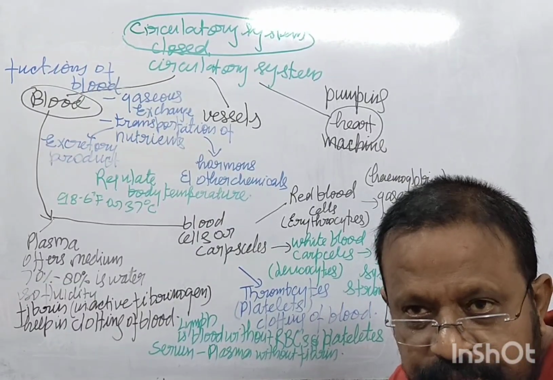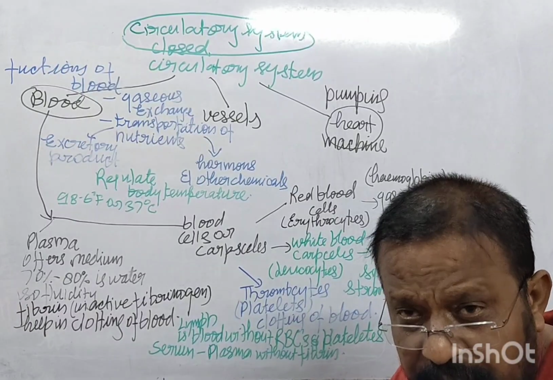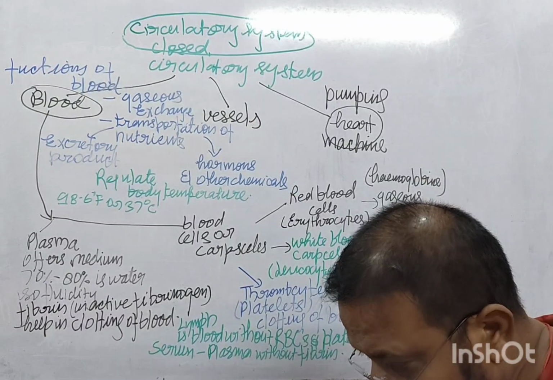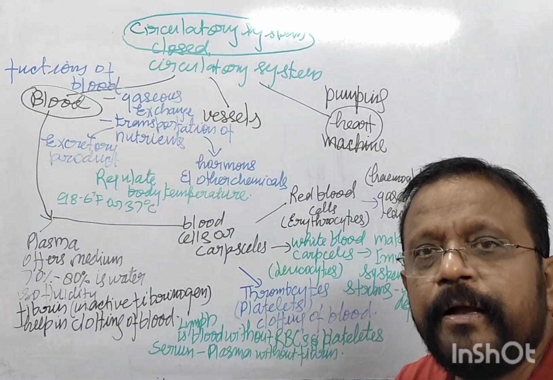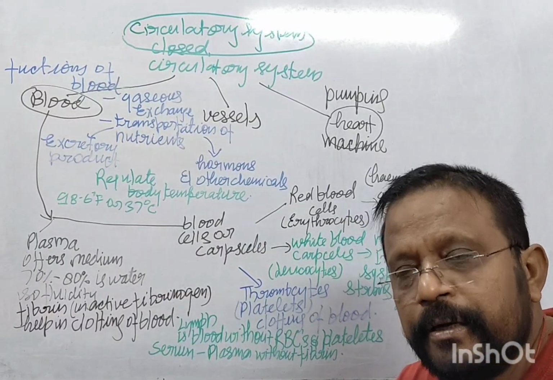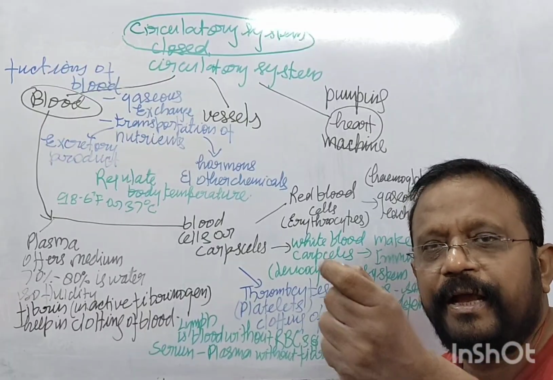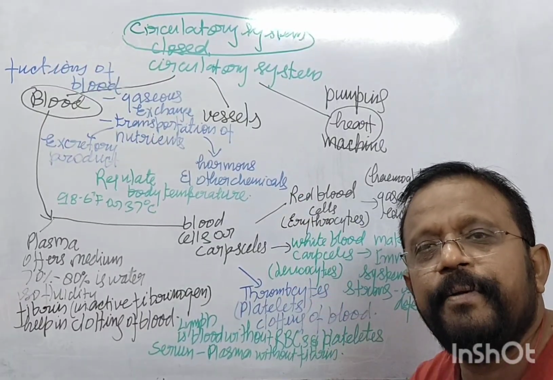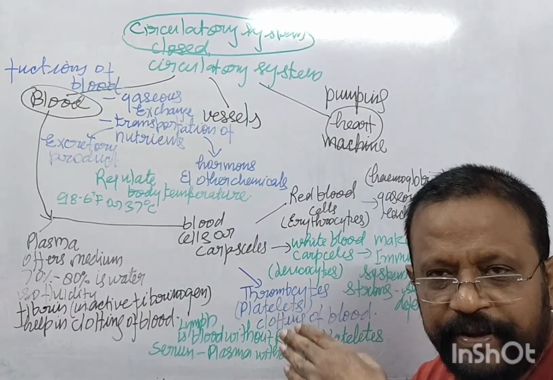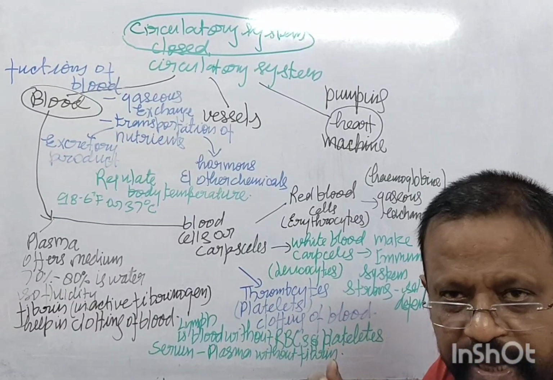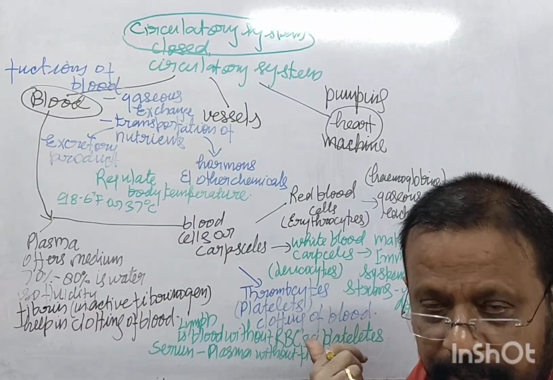The death of cells starts, and it can be dangerous for life also. So for giving blood, the doctor has to check the A group, B group, AB group, O group, A positive, A negative, and then only they can give the blood.